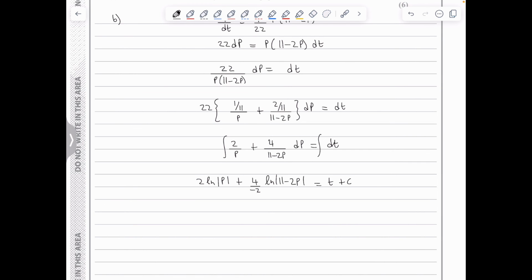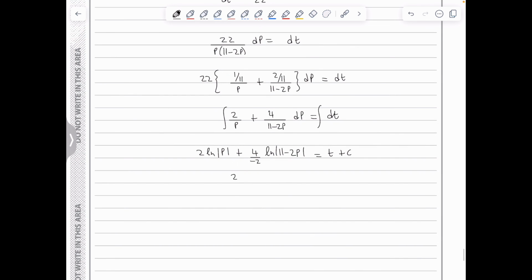So this means that we have 2 ln p minus 2 ln of (11 − 2p) is equal to t plus c. And we were told that initially the population was 1,000 meerkats, which means that when t is 0, p is 1, because p is measured in thousands. So I'll be substituting p with 1 and t with 0.